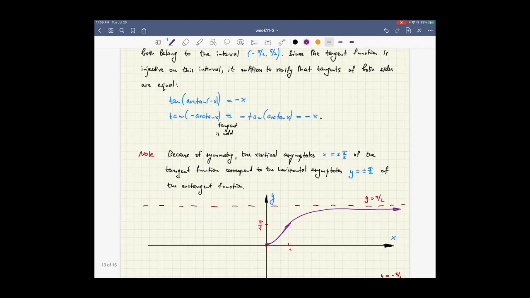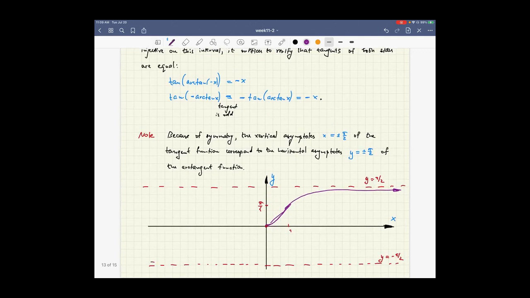And this here is the portion to the left of 0, which should be symmetric about the origin. That is the graph of arctangent x.